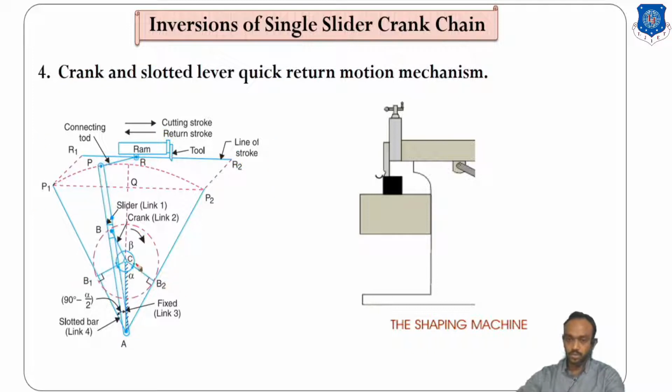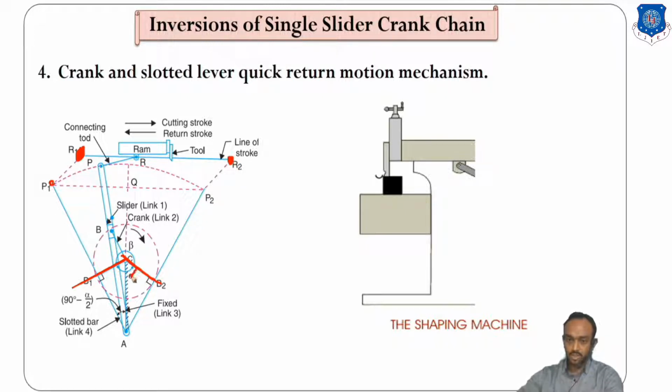So why is it a quick return mechanism? You can see from these 2 points. Check, this is the extreme point of the crank when our ram is here. This is the extreme point at which our cutting stroke ends.